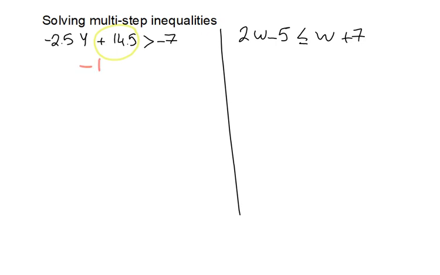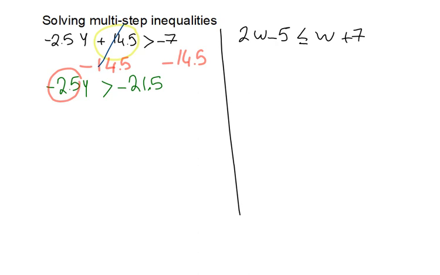So minus 14.5 and minus 14.5. These would cancel out, and on this side we have negative 7 minus 14.5. So this would come out as minus 2.5y is greater than negative 21.5.